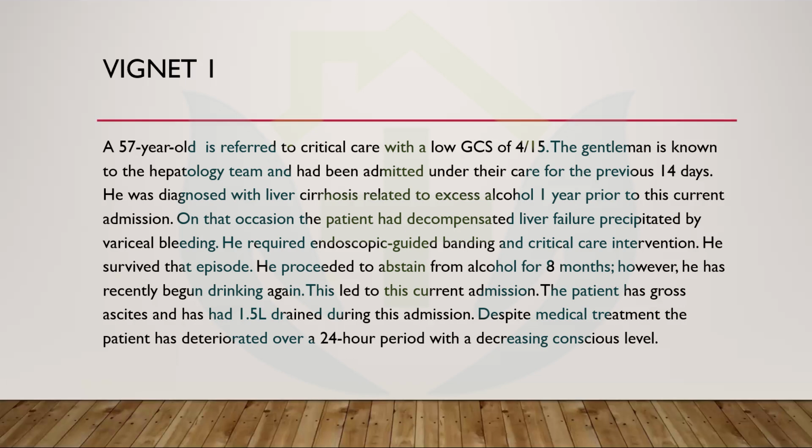He required endoscopic guided banding and critical care interventions. He survived that episode, proceeded to abstain from alcohol for 8 months. However, he has recently begun drinking again. This led to the current admission. Patient has gross ascites, 1.5 liters drained during admission despite medical treatment. Patient has deteriorated over a 24-hour period with a decreasing consciousness level.